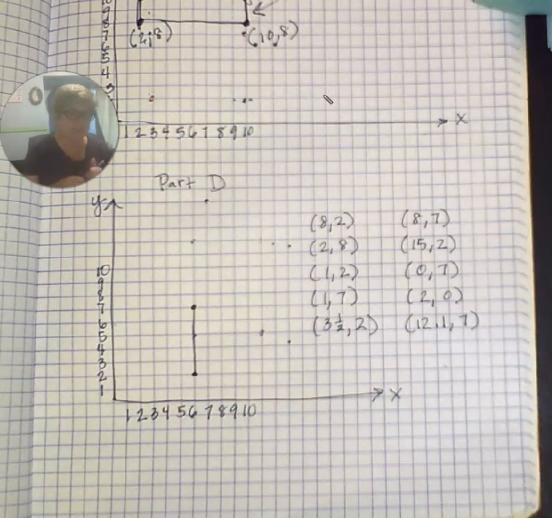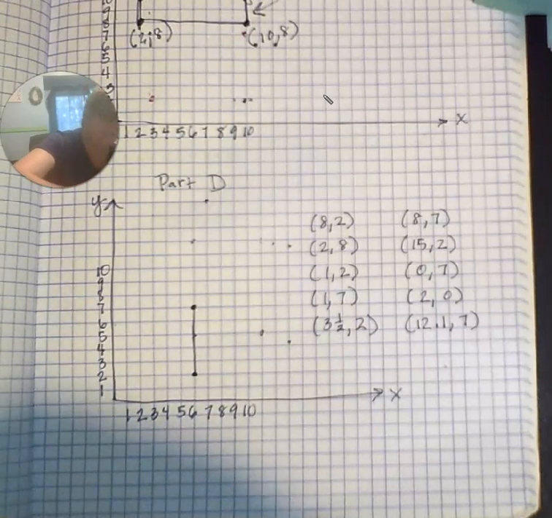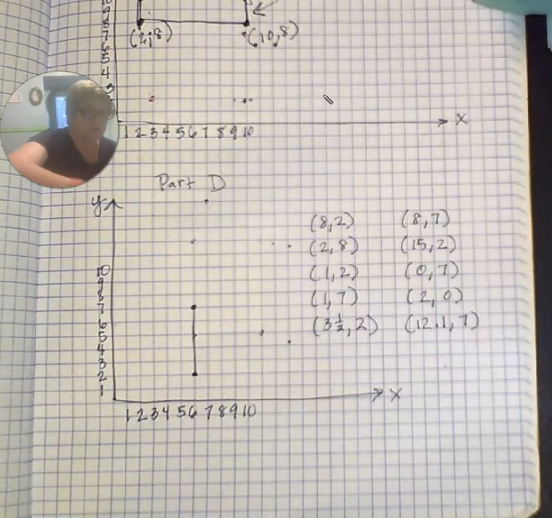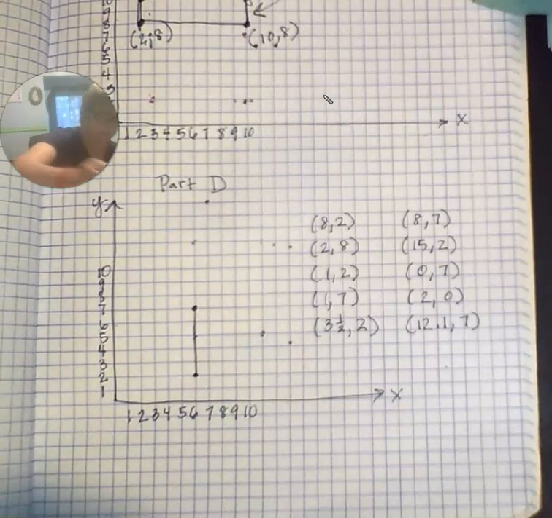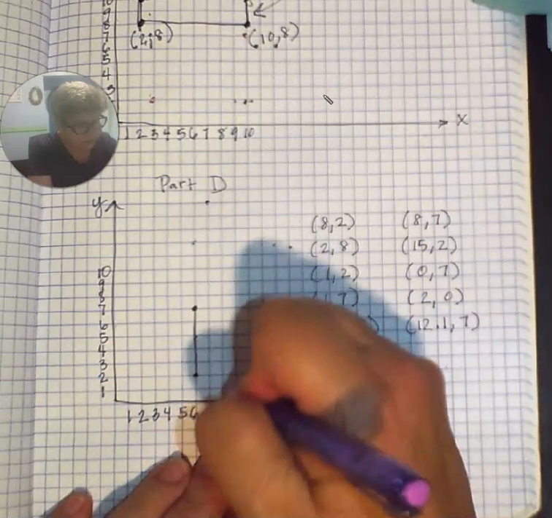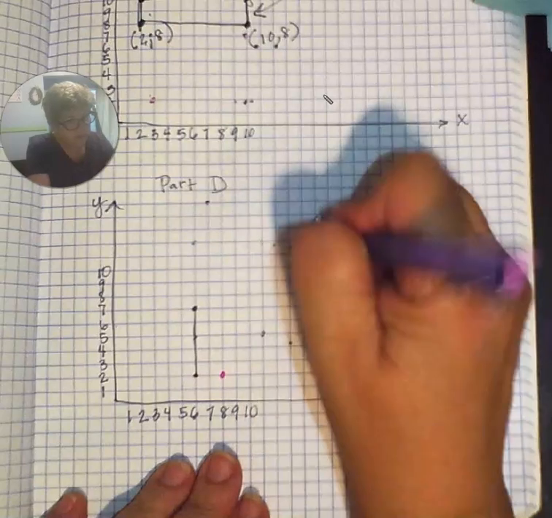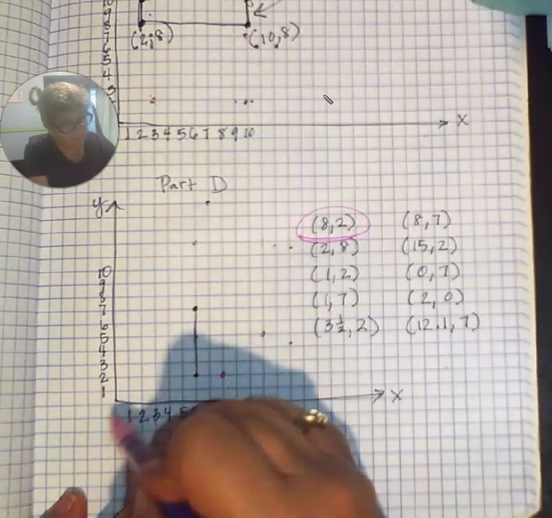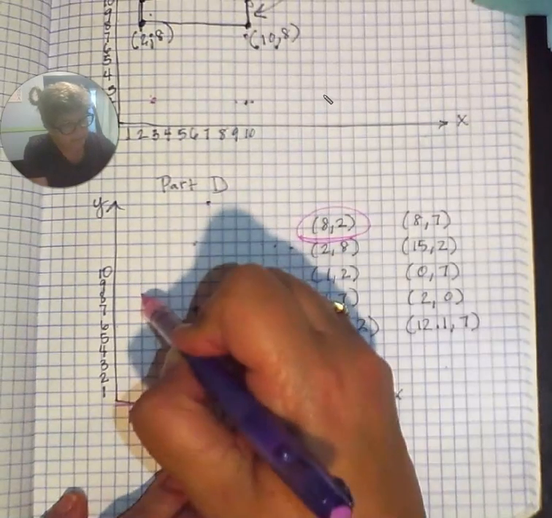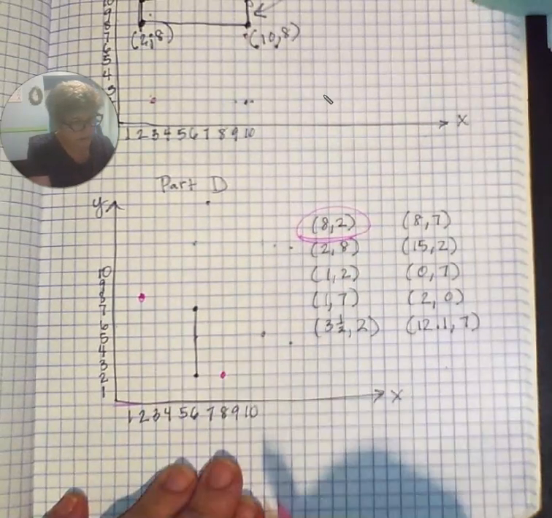Let's get another color and look at these possible vertices. I'm going to get pink. Okay, 8-2. Could this be a vertex? Yes. What about 2-8? Oops. 2-8.